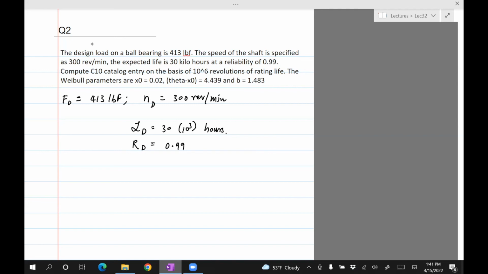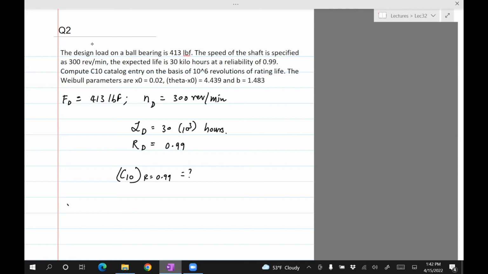Compute the C10 catalog entry. So we need C10 at R equals 0.99 on the base of 10 raised to 6 revolutions of rating life. And the Weibull parameters are given.